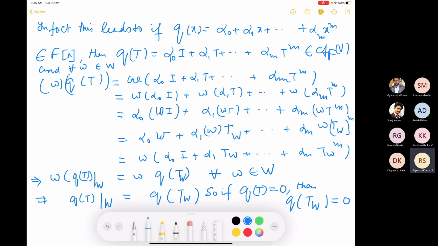And naturally, if p_W(x) is the minimal polynomial of T_W, then this will divide p(x).